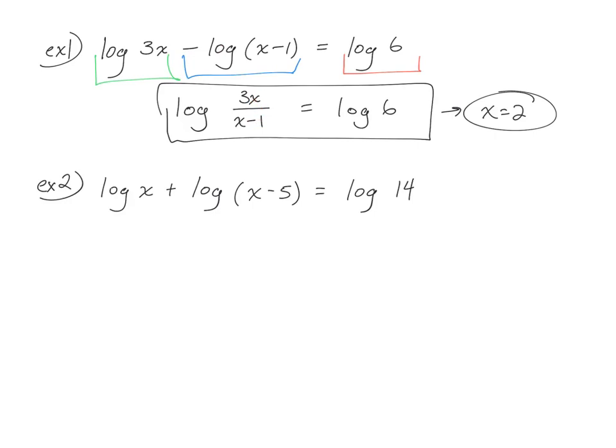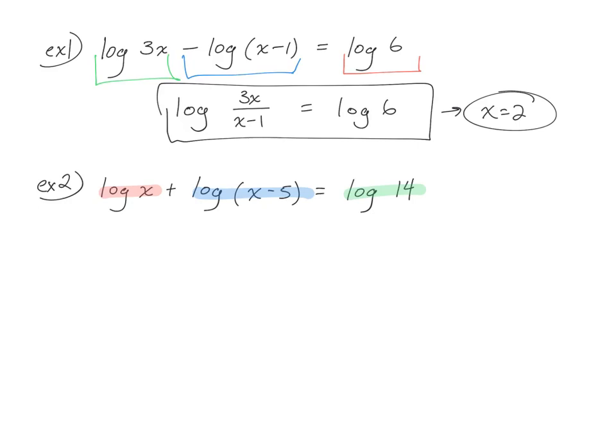Okay, that being done and out of the way, here we have example 2. Log of x plus log of x minus 5 equals log of 14. So again, you can see we have 1, 2, 3 log terms. They are all log terms. So what we need to do is condense where we can.